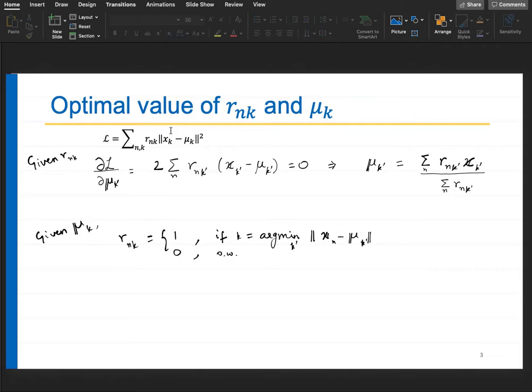So we use an iterative algorithm where we first optimize one parameter, then keeping this fixed, optimize the other parameter, keeping that fixed, optimize the first parameter, then again the second. In this way we iteratively update our parameters, right? So let us say I fix my mu's, I just put them somewhere. I now have to optimize my Rnk, which means the cluster assignment.